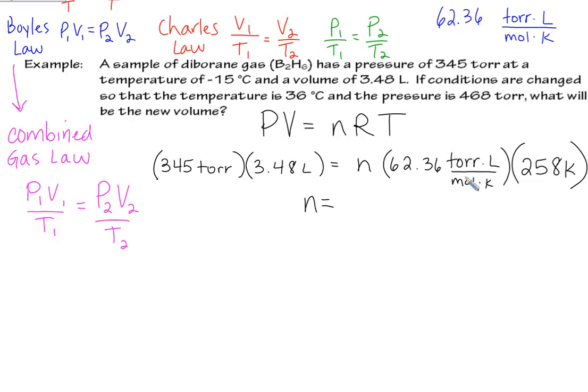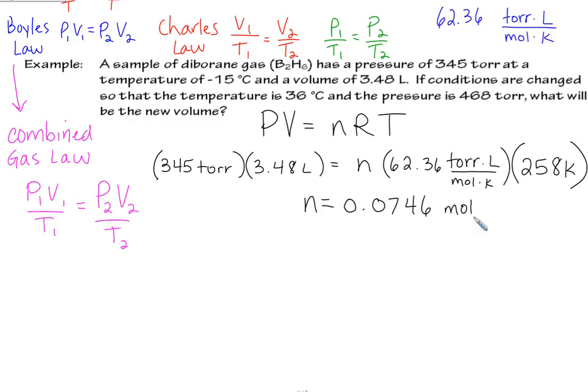Technically, this R value is a constant, so I'm not going to use that for significant figures. Everything else is about 3.0746 moles. Okay, so I'm assuming this is a closed container. They're not telling me otherwise. And with gas laws, we really can't do any kind of calculations if it's not a closed container.